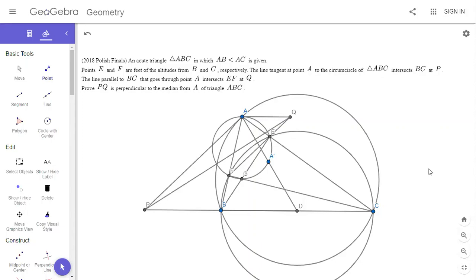Because point P has the property that P is the center of the Apollonius circle.